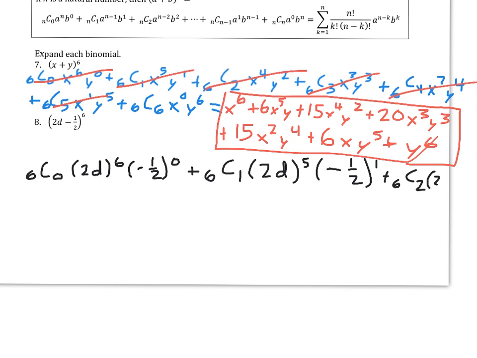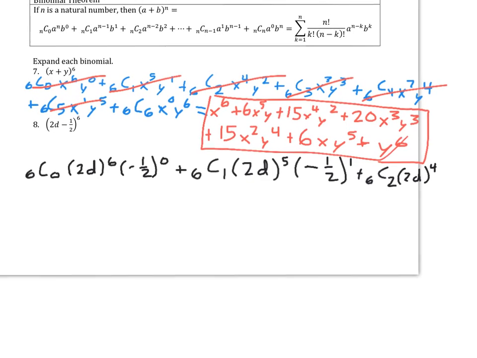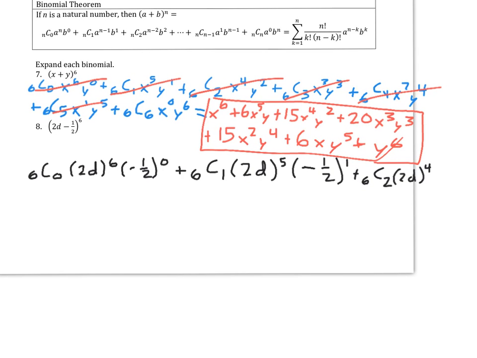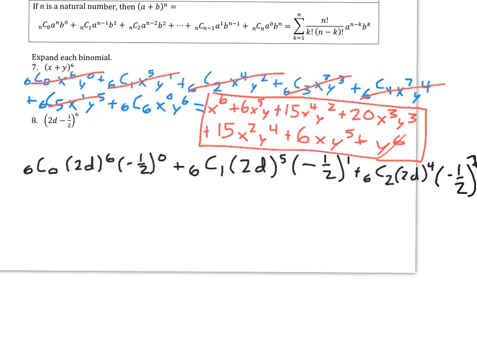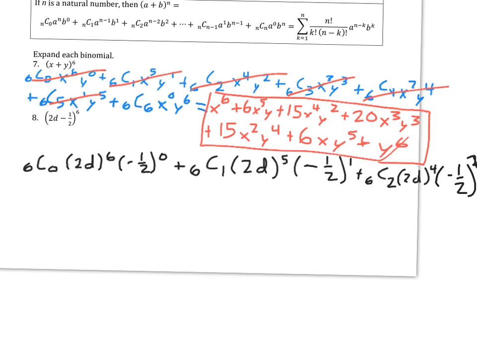The 2d's are going to go down by 1, and the amount of negative 1/2 is going to go up by 1. So now we have 2 of those. That's a 2 up here. So the exponent up here is a 2.